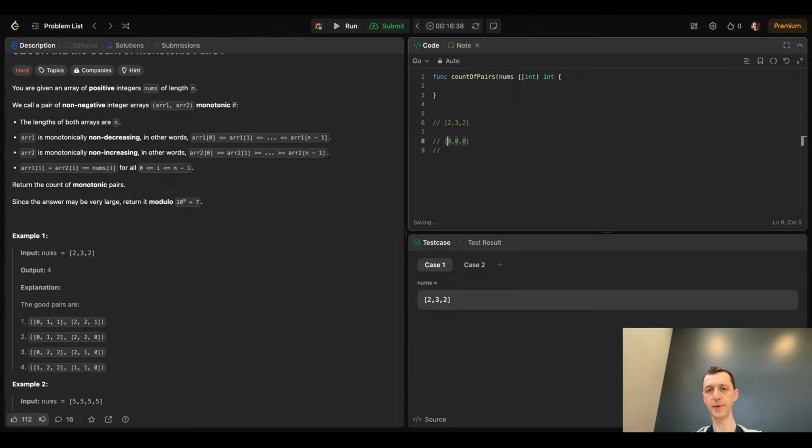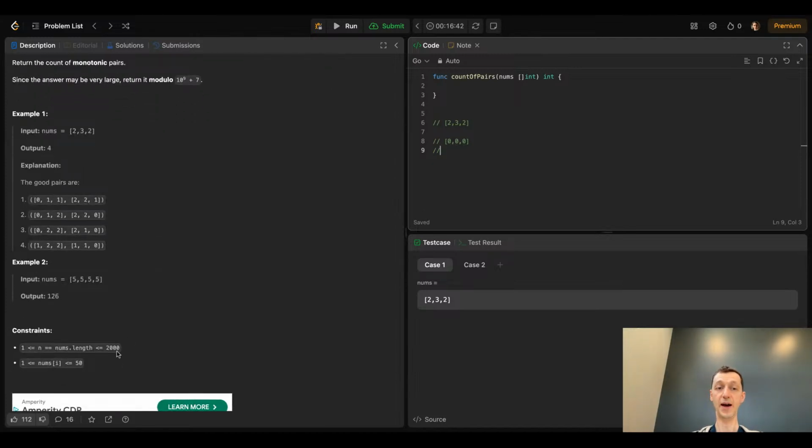and that will be roughly to the power of 2000, roughly. But each number is 50 to the power of 2000. That's a big number.